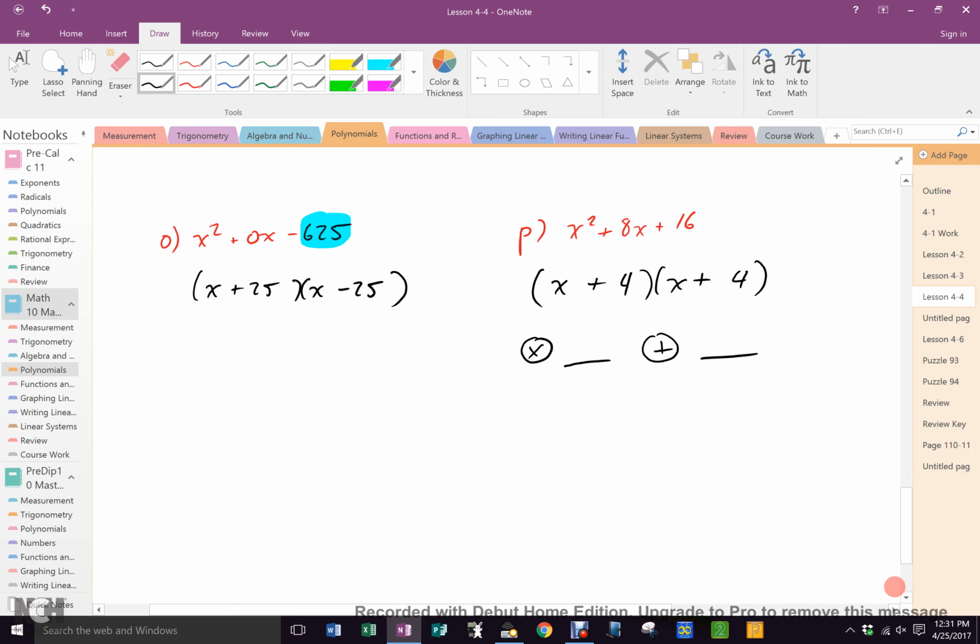All right, you guys got page 111 and 112. Go. Now remember, you may need GCF and you may need trinomial.